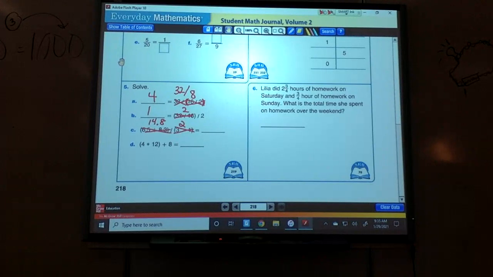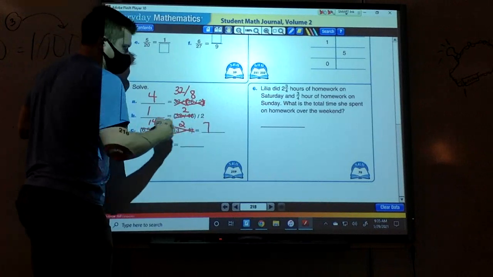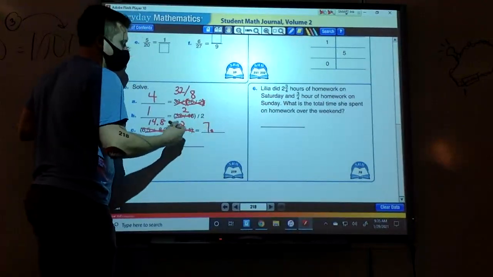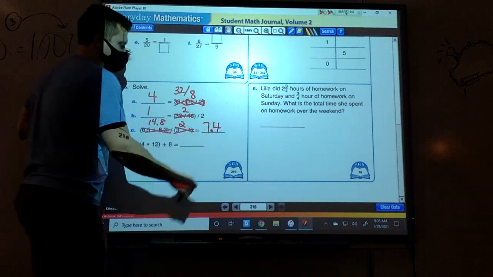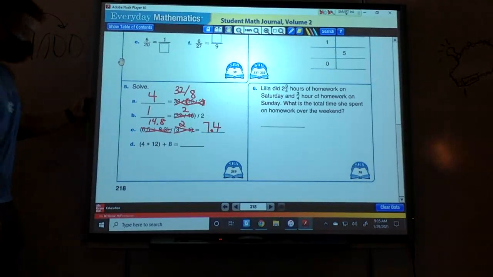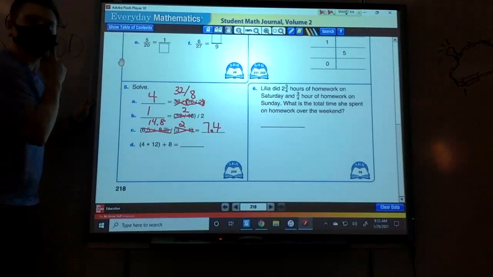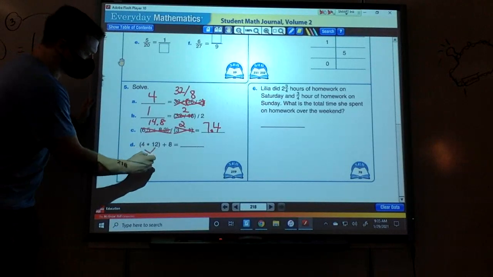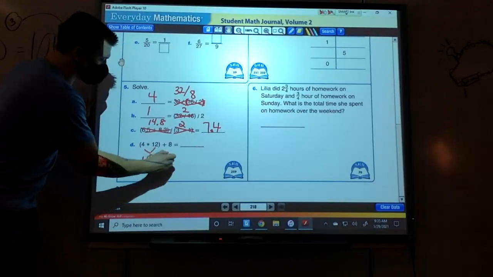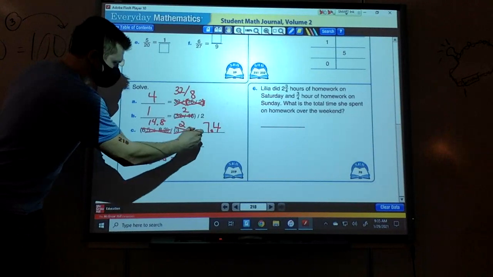Can 2 go into 1? No. Can 2 go into 14? 7 times. No remainder, bring down the 8. How many times does 2 go into 8? Nothing left over. Cool. What do we do first? Times it. 4 times 12 is? 48. Plus 8 is?